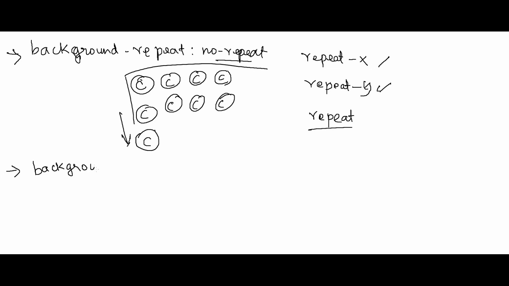Background attachment is very simple. When I am using a very big image, I can go with scroll. The next option is fixed, and the next option is local.